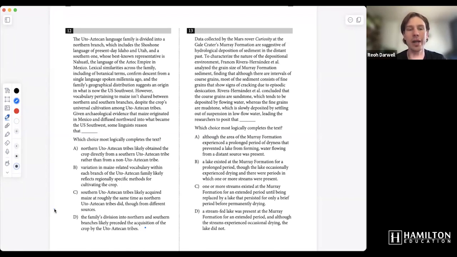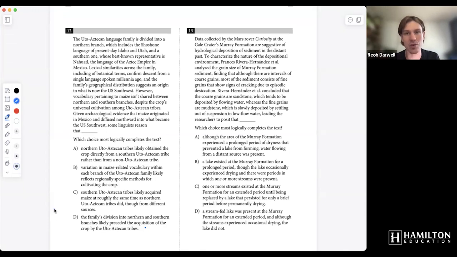So if corn came from Mexico and went north into what is now the US Southwest, you could think, okay, if while they were up there, corn showed up when there was one language spoken by one group in one area, then after those groups split apart, corn would be the same word across all those places. So it'd have to be sometime after the southern group went south that we would see corn spreading north to the Uto-Aztecan tribes, right?